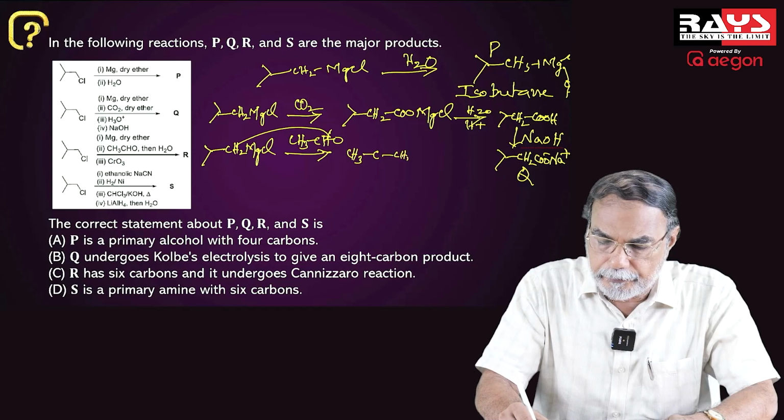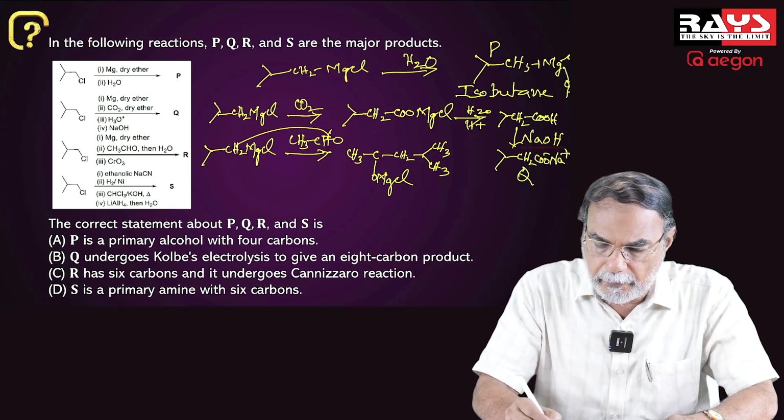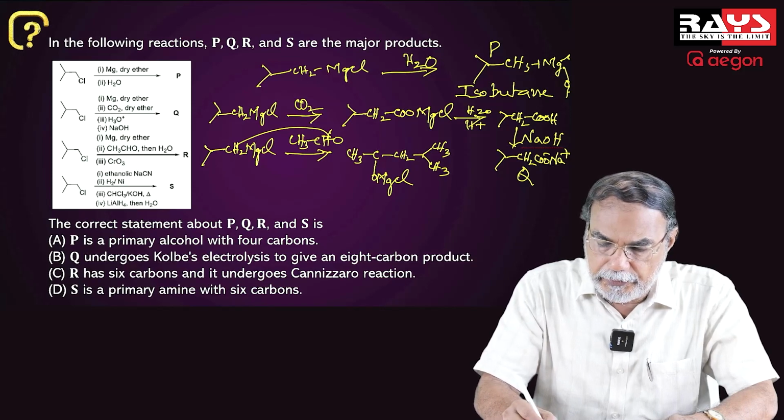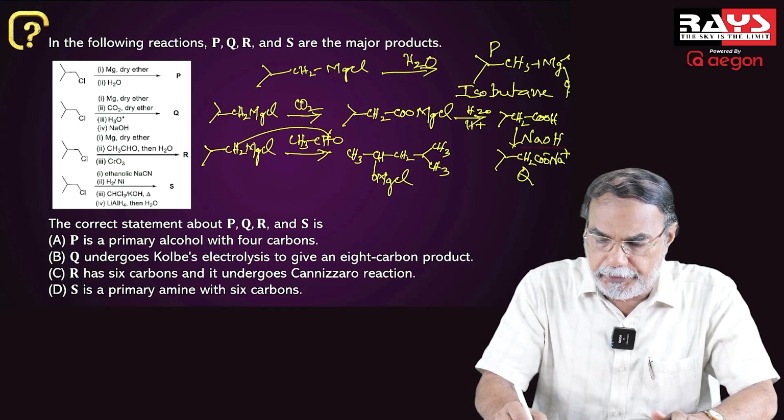So the product is, in this case, you have CH3, CH, CH2, CH3, CH3, OMgCl. So you have CH3, CH, CH2, CH3 twice, and with OMgCl on this carbon atom.